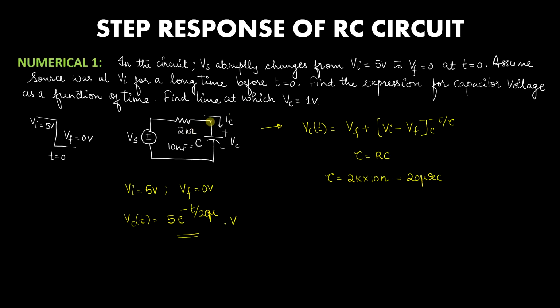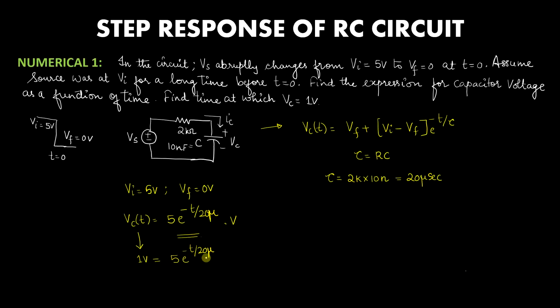The second part of the question says you need to find the time at which the Vc value is equal to 1 volt. So this particular value is 1 volt and we need to find out the value of t. So 1 volt is equal to 5 e power minus t by 20 micro.